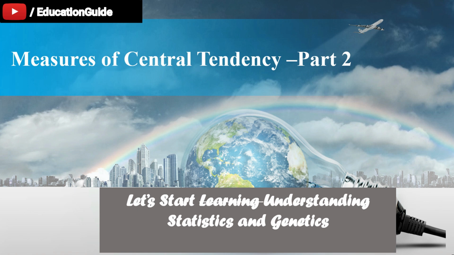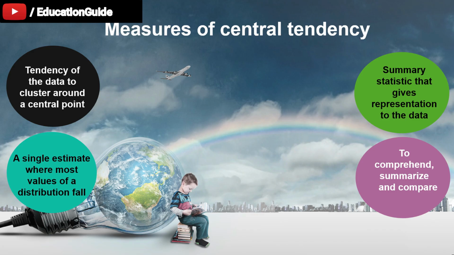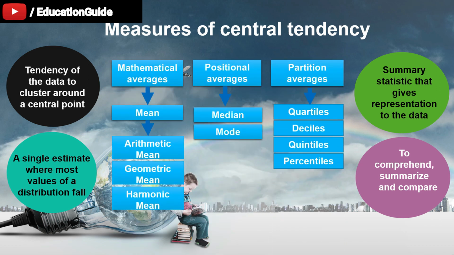Today, we will talk on our lecture number 3 on measures of central tendency, part 2nd. Friends, we have learned from previous video lectures about measures of central tendency and mathematical average in detail.